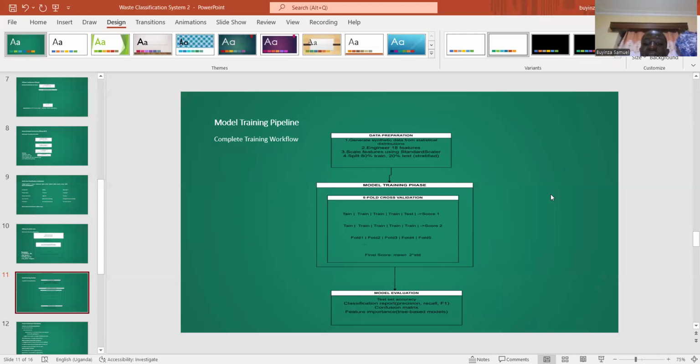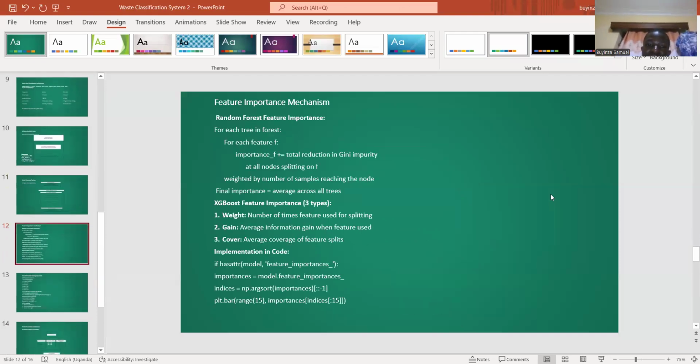Then we have the feature importance, that is for the tree-based models. So when we look at the feature importance mechanism, first consider the random forest feature importance, where for each tree in the forest, for each feature, we give it a variable of f.